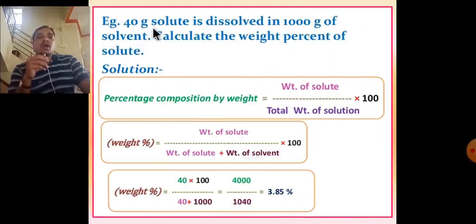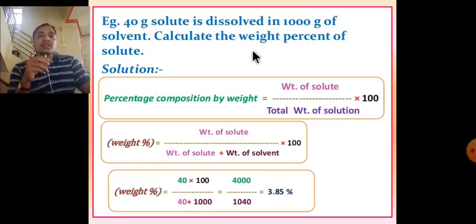Next example, 40 gram of solute is dissolved in 1000 gram of solvent. Calculate the weight percentage of solute. Solution: percentage composition by weight is weight of solute divided by total weight of solution into 100. Weight percentage is equal to weight of solute divided by weight of solute plus weight of solvent into 100.